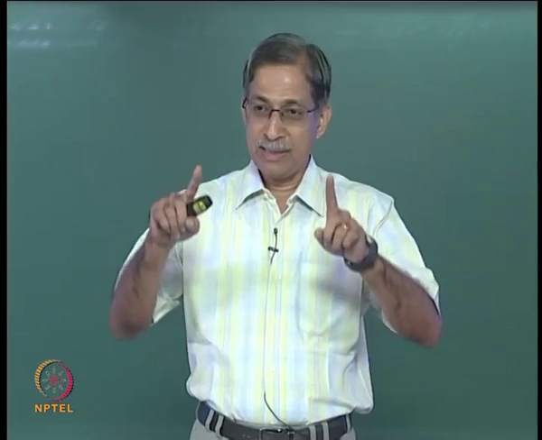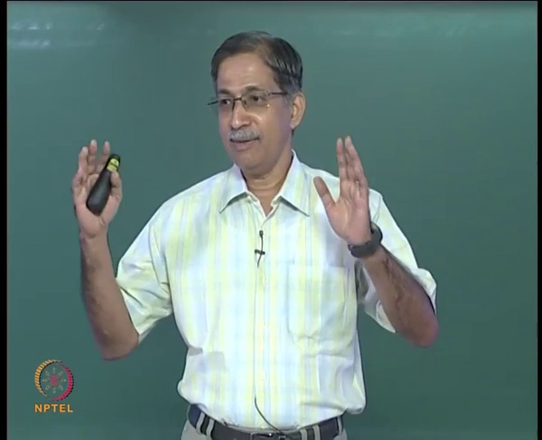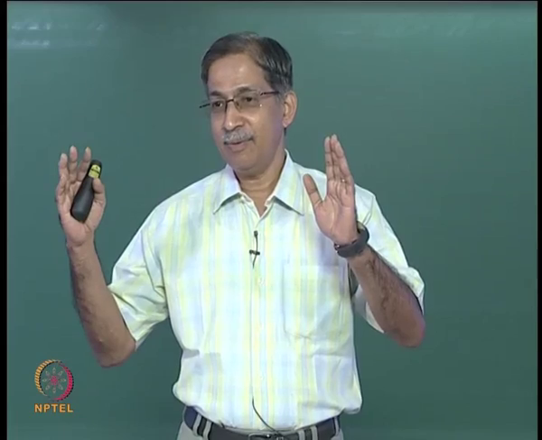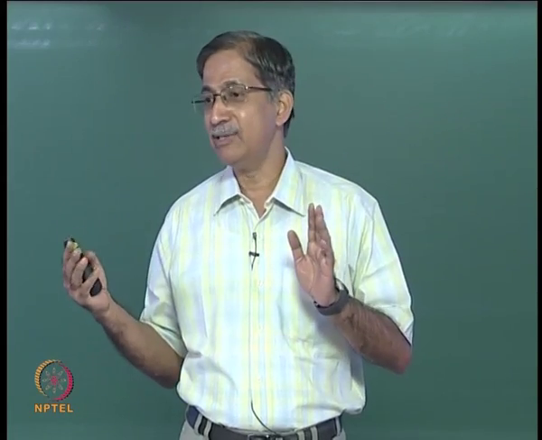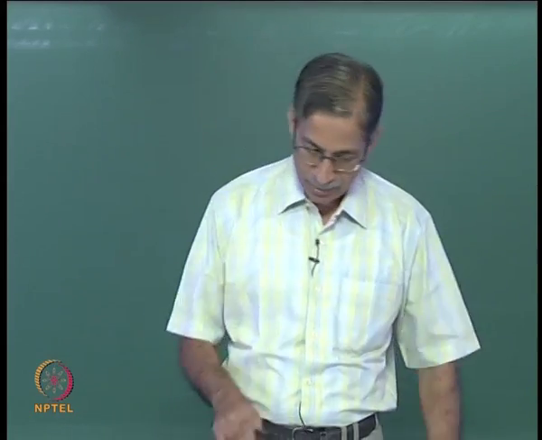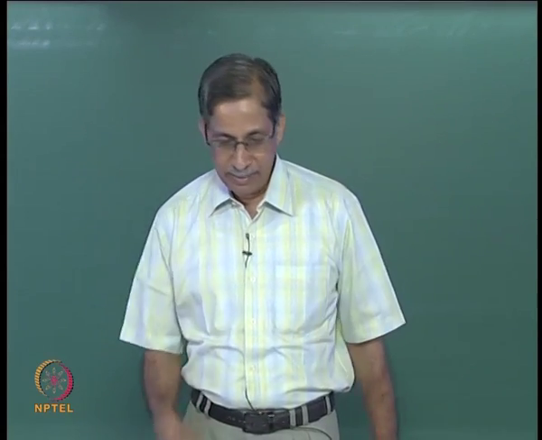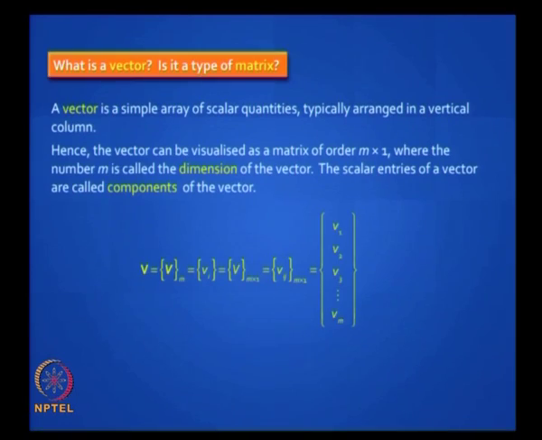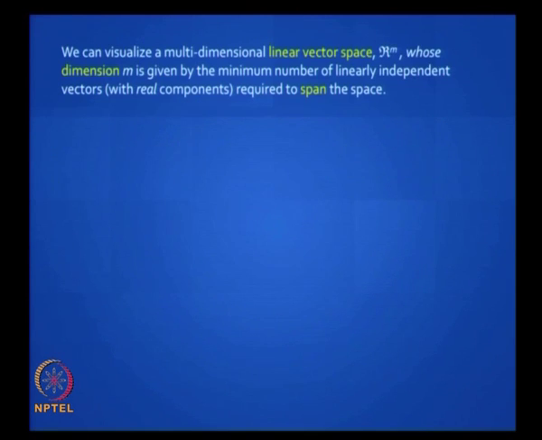But don't put a curly brace on a matrix of size m into n where n is not equal to 1, but you are allowed to put a square brace even for a vector. When you have something like this, some people call this also vector, but it's actually the transpose of this that is a vector. So this is sometimes referred to as a row vector, but it's strictly not a vector.